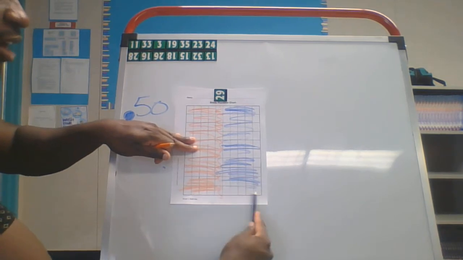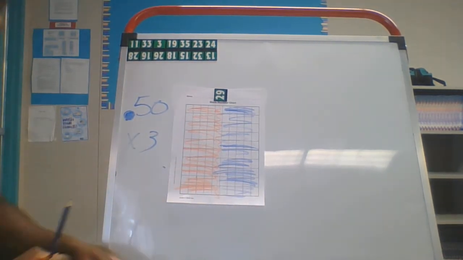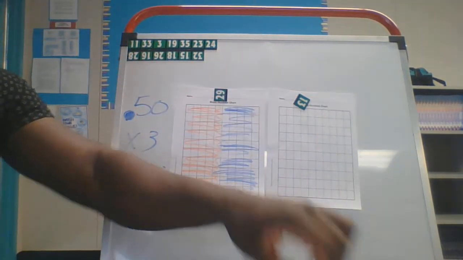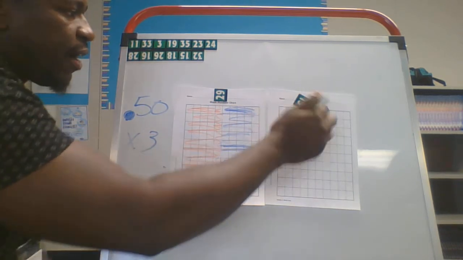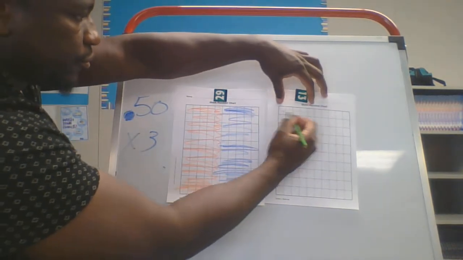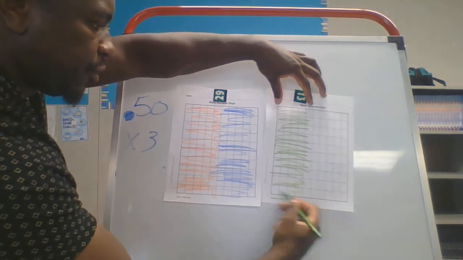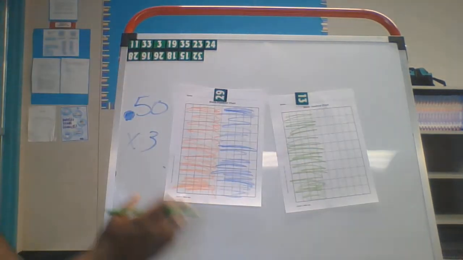But I'm out of space, and I still have one more group I need to do. So that means I need another blank hundreds chart. I'm going to keep counting here. 1, 2, 3, 4, 5. And if you look, I have one hole, right?